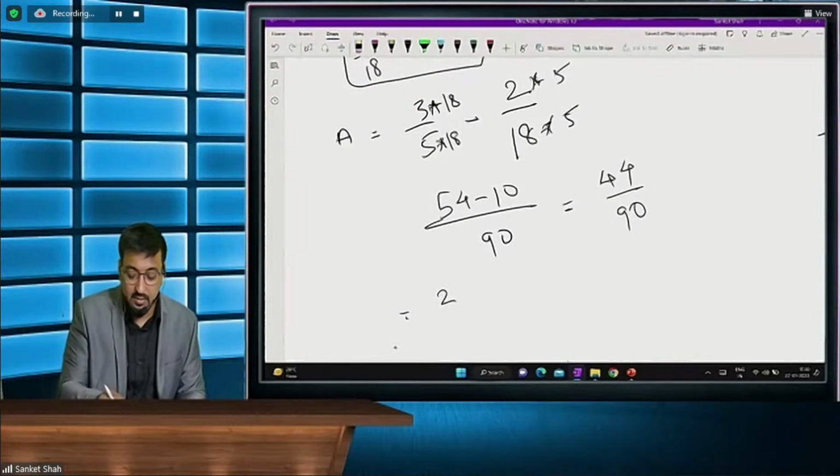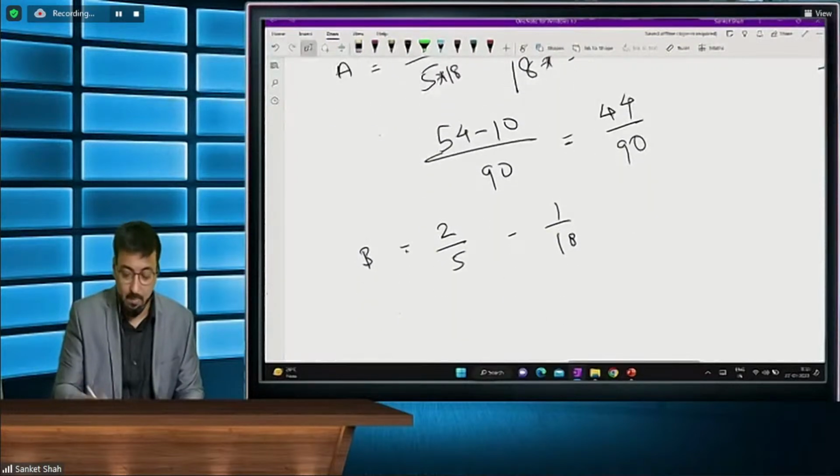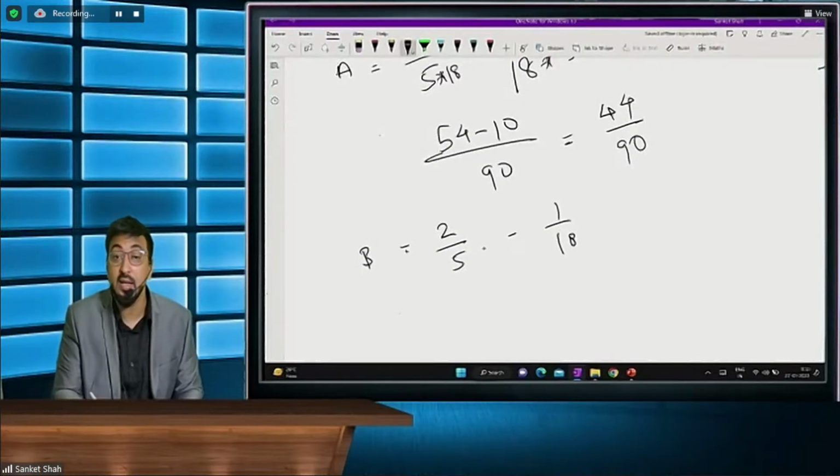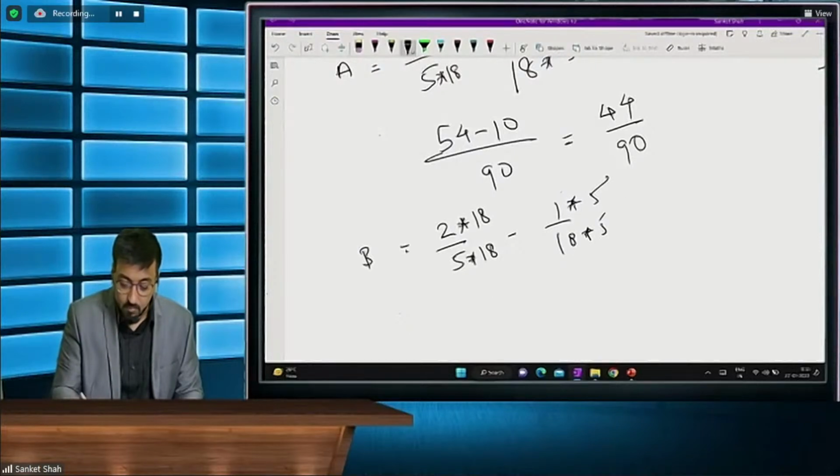And B's answer is 2 by 5 minus 1 by 18. He has given 1 by 18. Here I will multiply by 5. So 36 minus 5 divided by 90, 31 by 90.